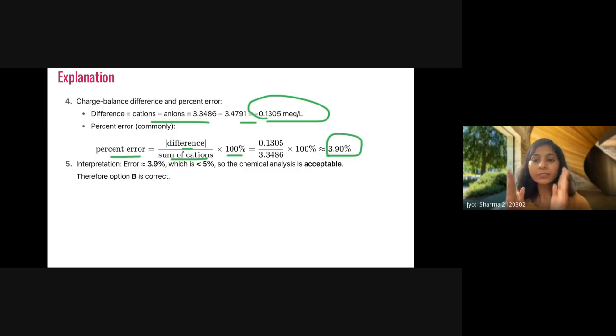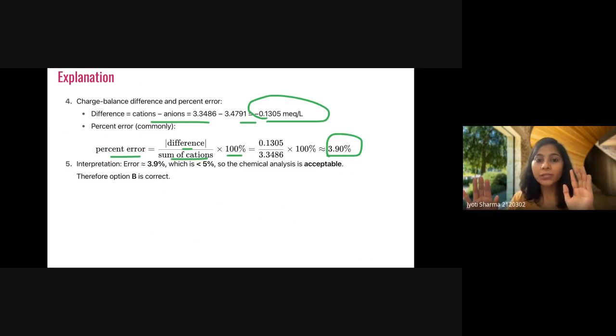And if this percentage error is less than 5, then this means our chemical analysis is acceptable. But if it is more than 5%, it means we are doing something wrong in our chemical analysis, that our cation and anion are not equal and the error is more than 5%.